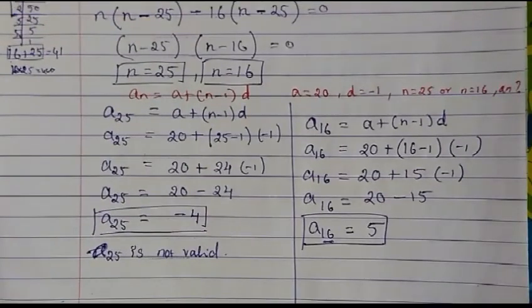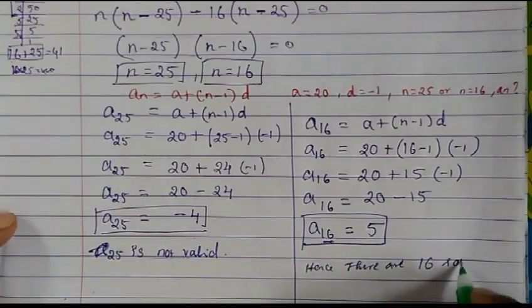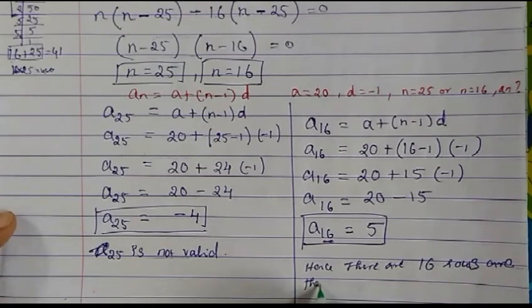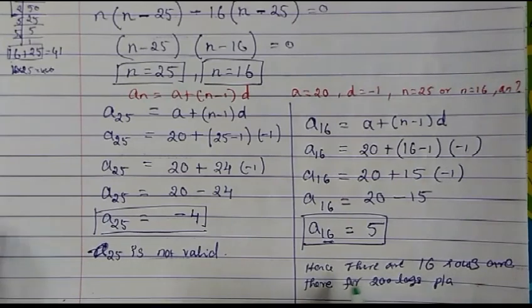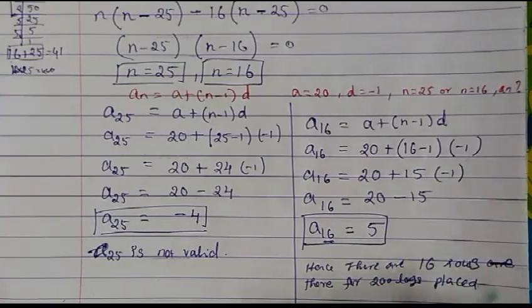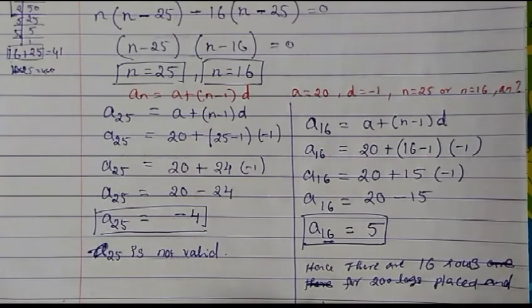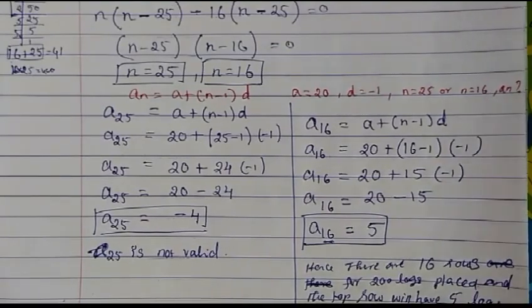So write down, there are 16 rows for 200 logs placed, and the top row will have 5 logs.